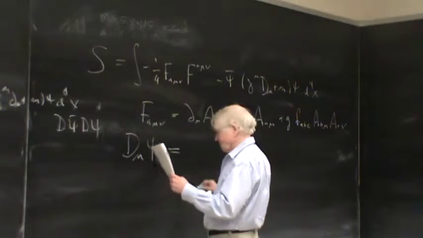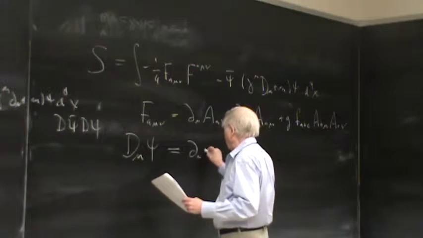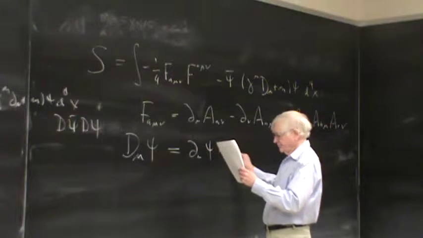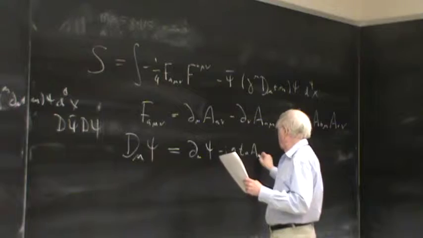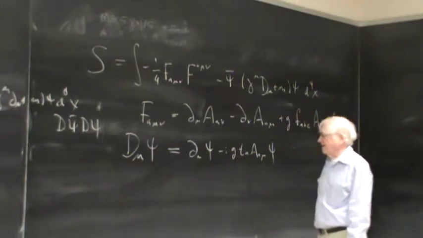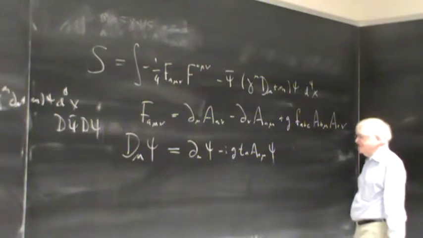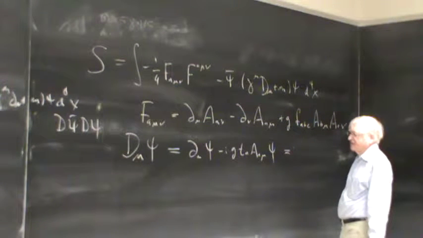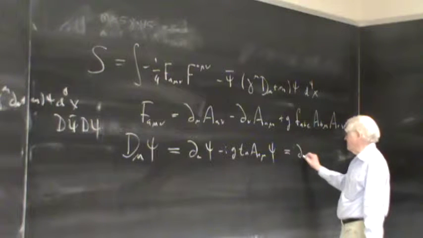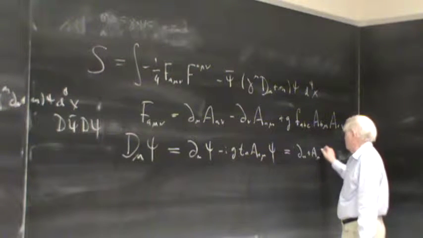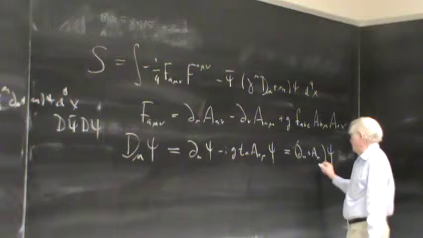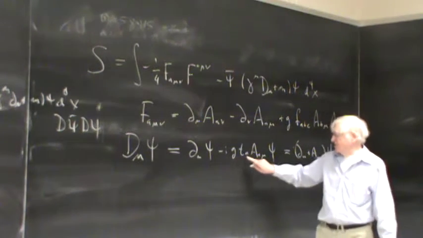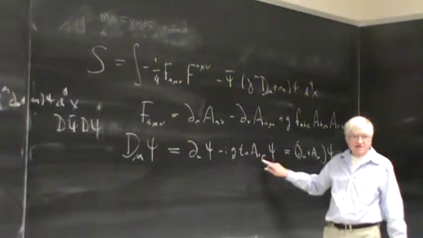And the easy way to understand this algebra is to say that this is D_μ equals ∂_μ plus A_μ acting on psi, and identify it as the matrix A_μ equals minus i g t^a A^a_μ, sum over a.